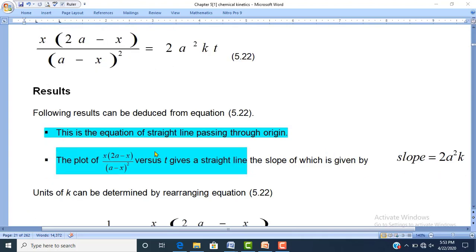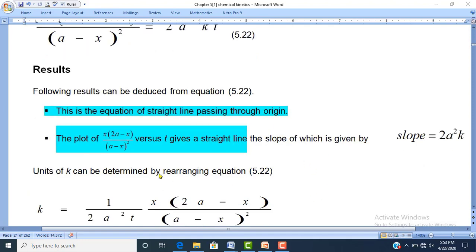Number 1, this is the equation of a straight line passing through the origin. Secondly, the plot of x into 2a minus x over a minus x square versus time will give you a straight line, and the slope of the straight line will be equal to 2a square into k.